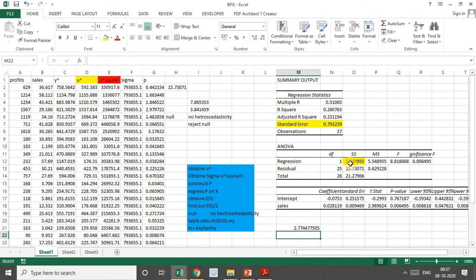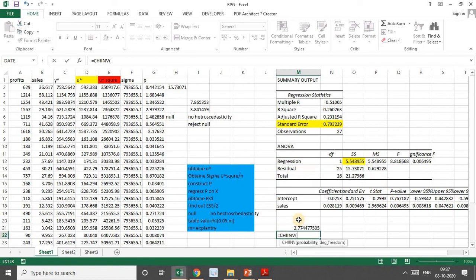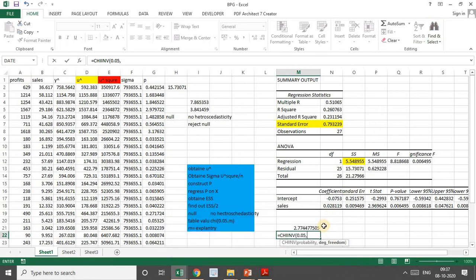This follows the chi-square distribution. Then chi-inverse of 0.05, with degrees of freedom m minus 1, where m is the number of explanatory variables. So 2 explanatory variables minus 1 gives 1 degree of freedom, and the critical value is 3.84.